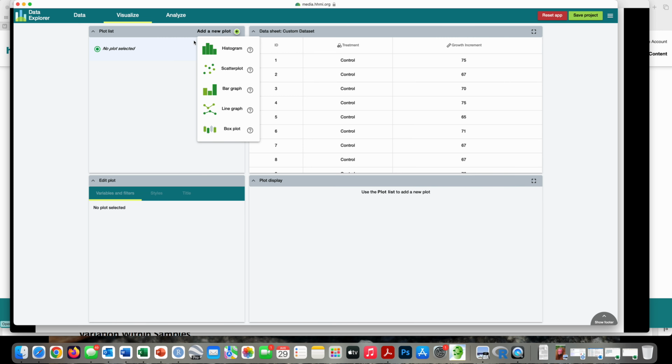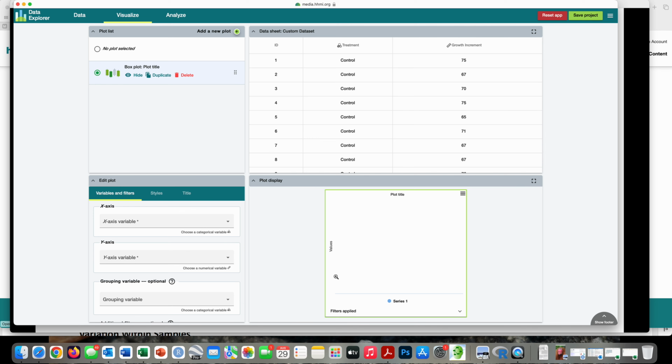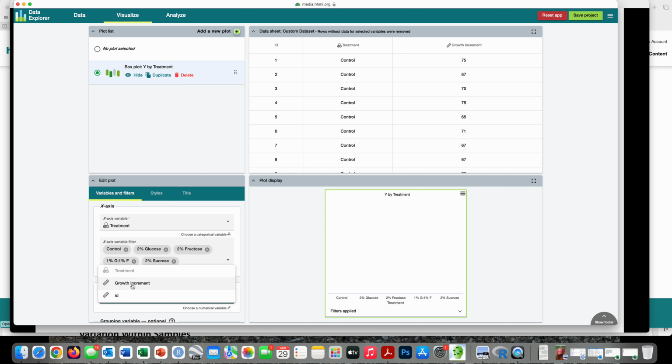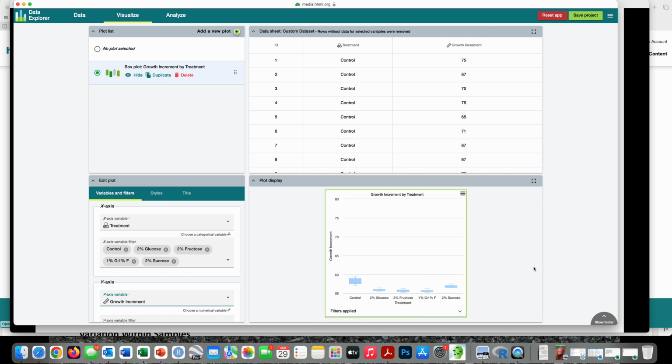Once they've done that, if they want, they can also go over here to Visualize, add a new plot, and do a box plot. Their box plot should once again have treatments on the x-axis, and the thing you want to plot is the growth increment. Sure enough, it looks like control is higher than 2% sucrose, and 2% sucrose is higher than all the rest, which aren't really very different from one another.